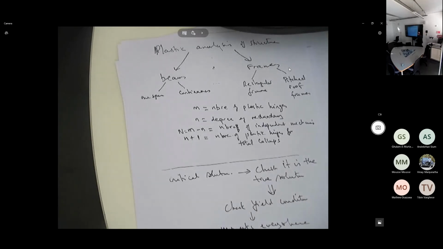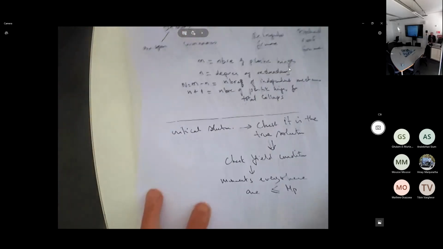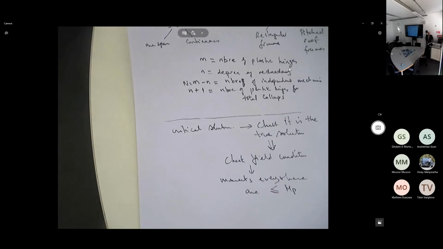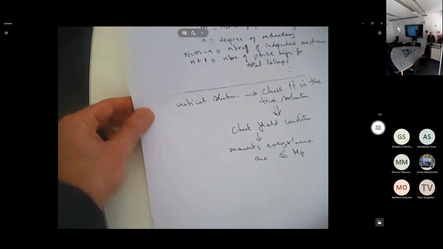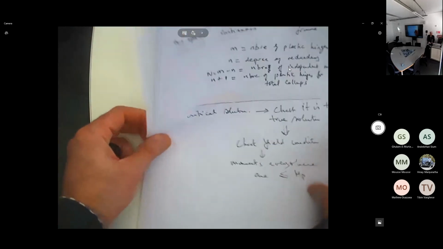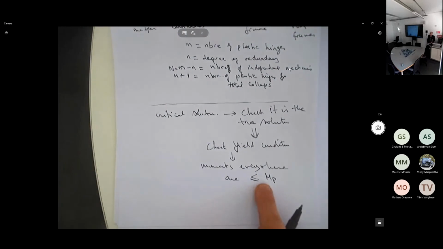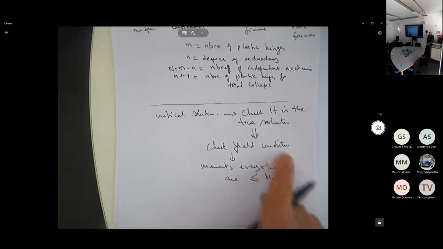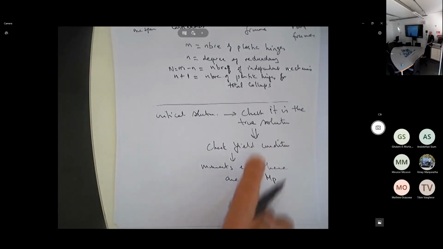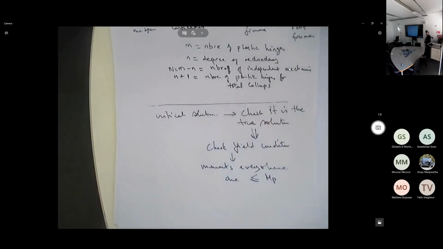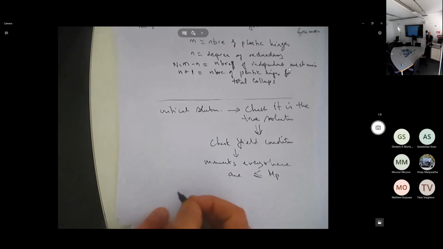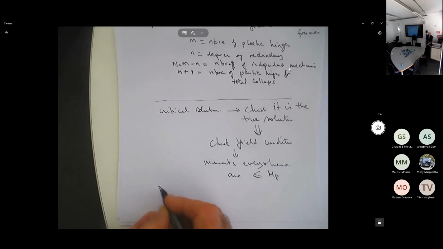So you need to check that the moments everywhere in your frame or beam are less than MP. And then once you have checked the yield, then you can say this is the true solution.